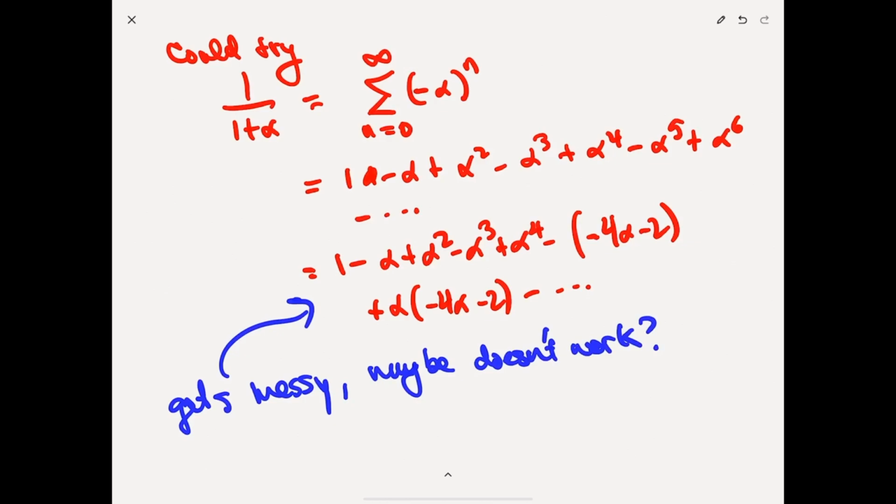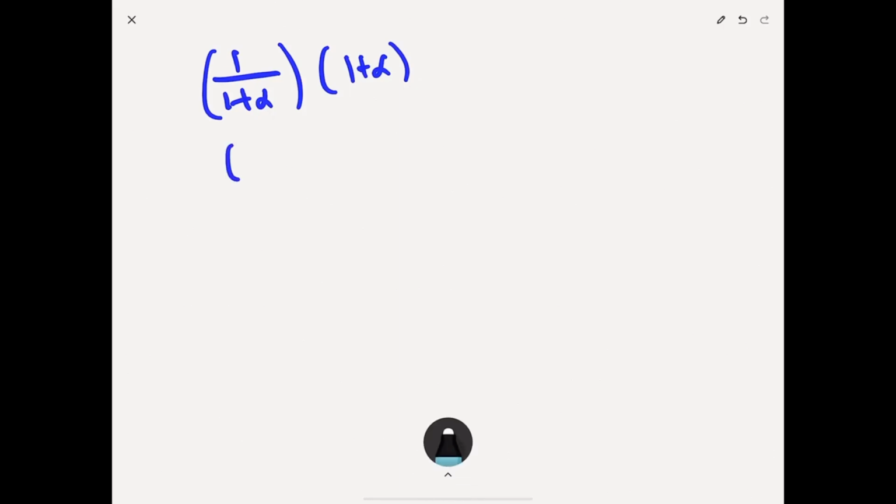Okay, so another thing you could do is try an experiment. You could try 1 over 1 plus alpha, and then we multiply by 1 plus alpha, so that gives you a 1. So we need to figure out what 1 over 1 plus alpha is.